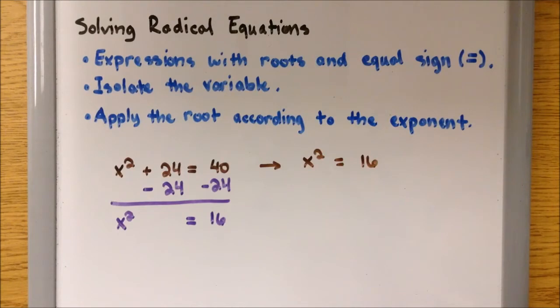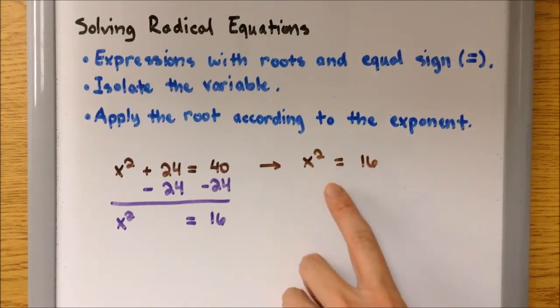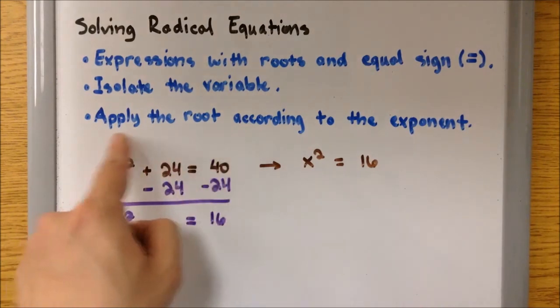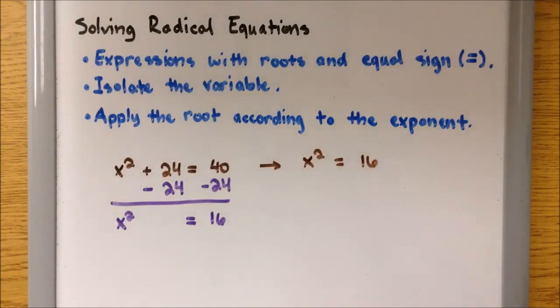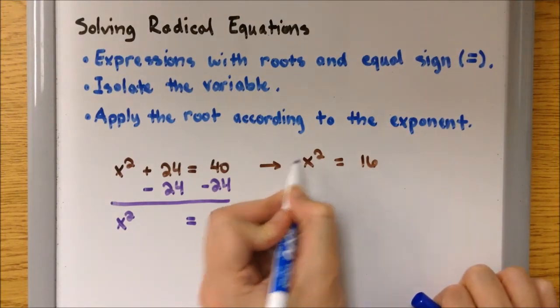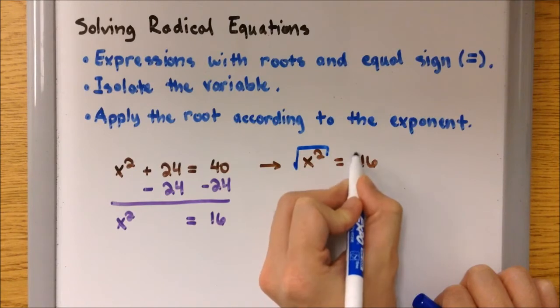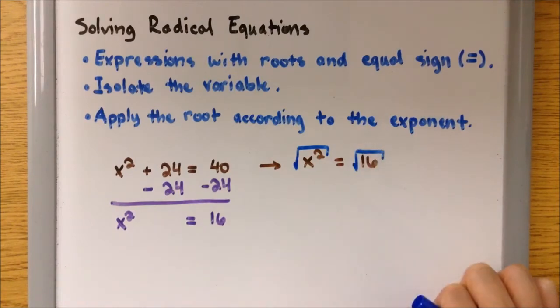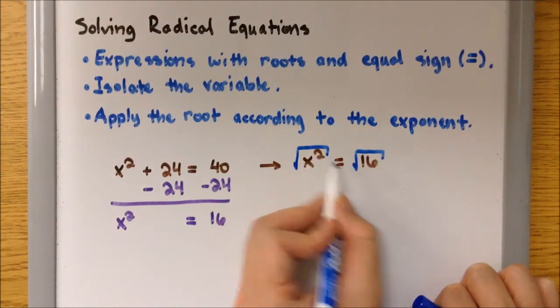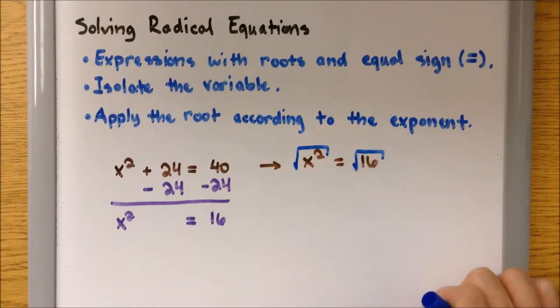Next, if I want to get rid of the square, I apply the root. So apply the root according to the exponent. Since it's squared, I'm going to apply the square root on the x because I just want x. Since I apply the root on the left side, I have to apply the root on the right side.